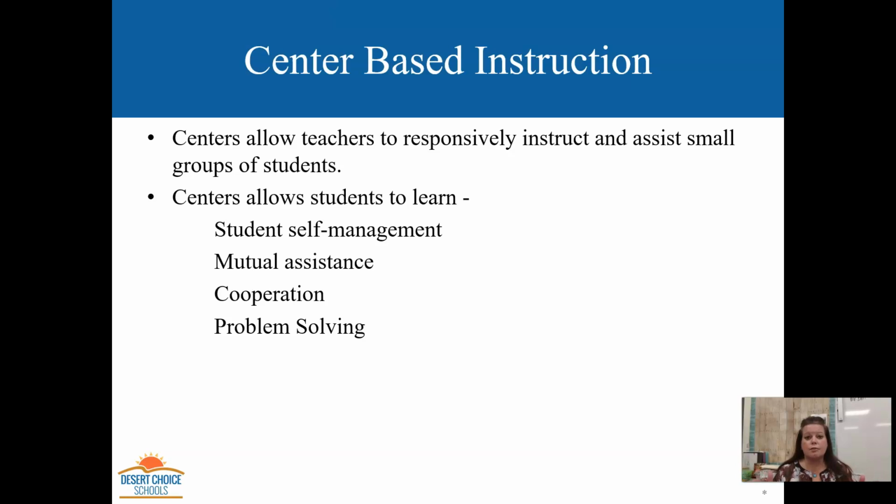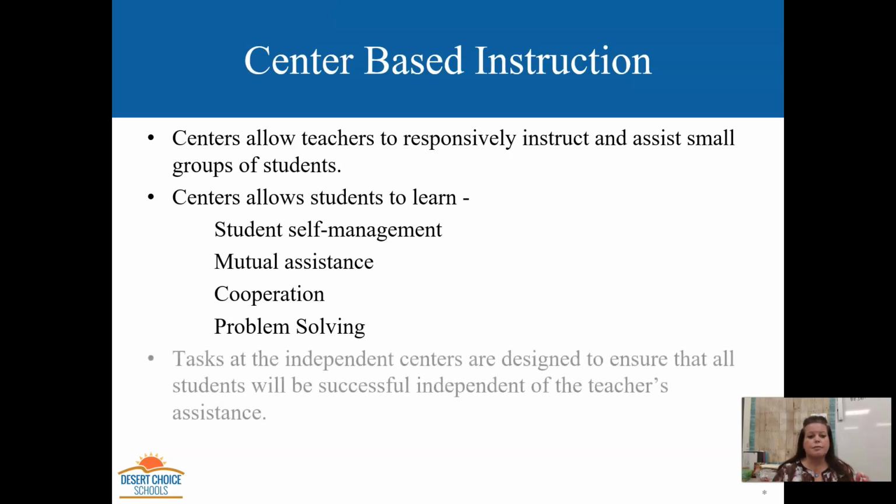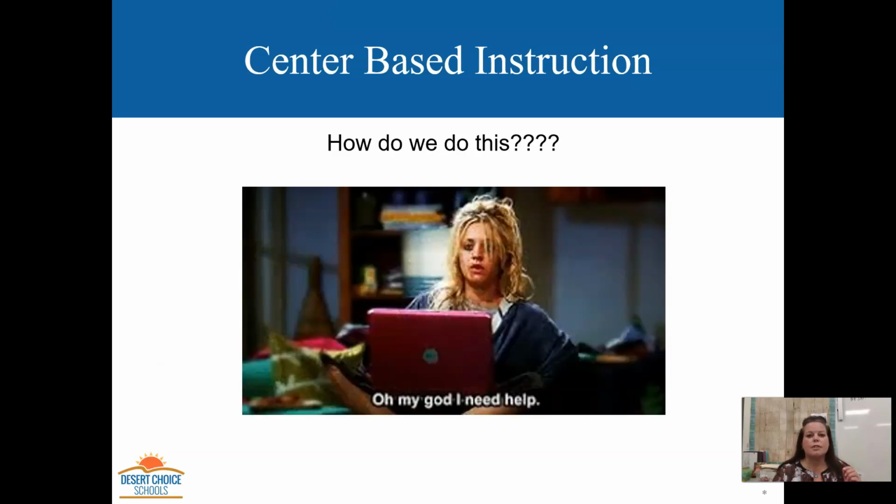These are all life skills too, okay? All life skills. Tasks at the independent centers are designed to ensure that all students will be successful, independent of the teacher's assistance. Otherwise, students become so dependent on teacher instruction instead of learning to think for themselves, okay? Thinking for themselves. Love that.